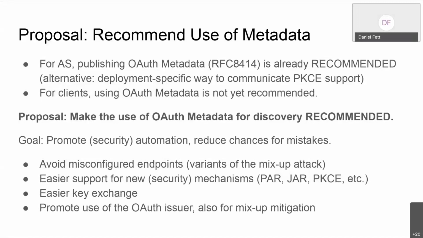So I think it would be very useful if we would see broader adoption of OAuth metadata, and it actually improves security if we recommend each client to use OAuth metadata if available. Of course, it just makes OAuth easier to deploy, but it also makes security features easier to deploy.